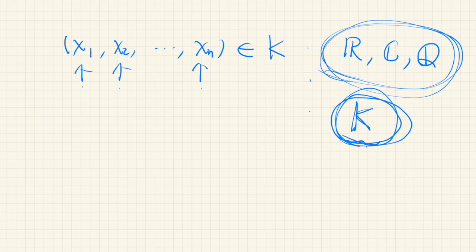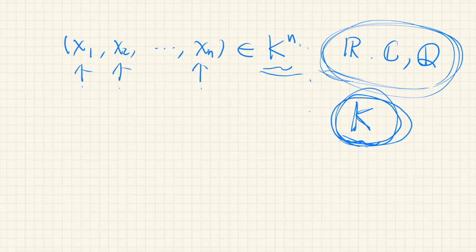Just for the sake of generality, we write something like this. So depending on the context, this K can mean real number or complex number or rational number or any other fields.